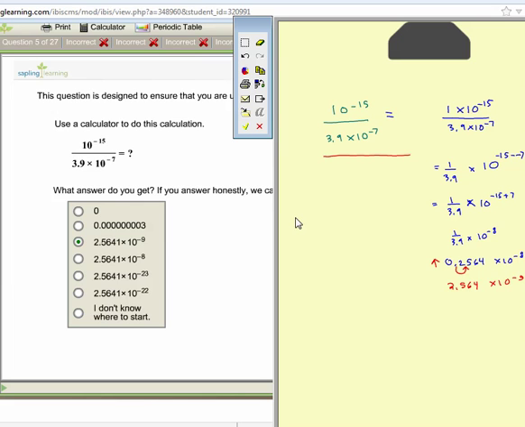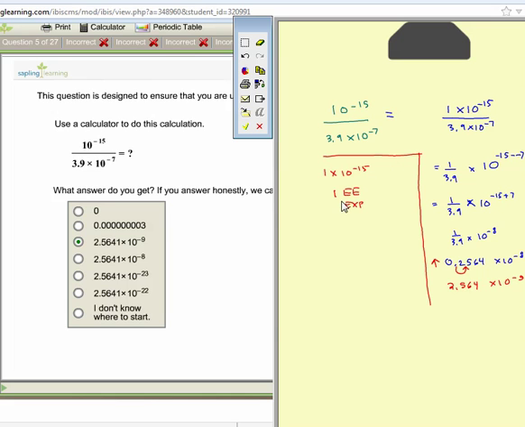All right, if you have a scientific calculator, I think the easiest thing is to change this to 1 times 10 to the minus 15th. To enter this into the calculator, you punch 1, and then either your EE or your EXP button.